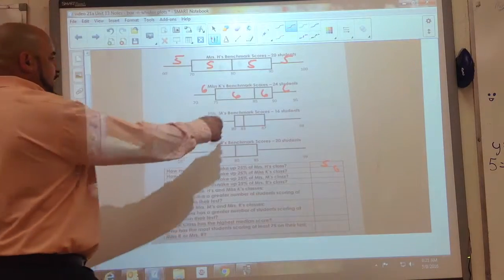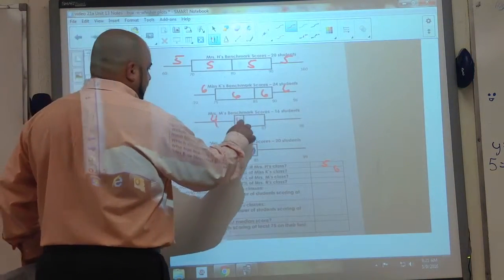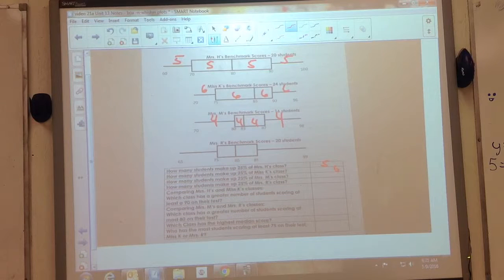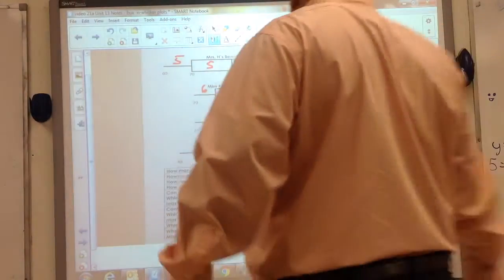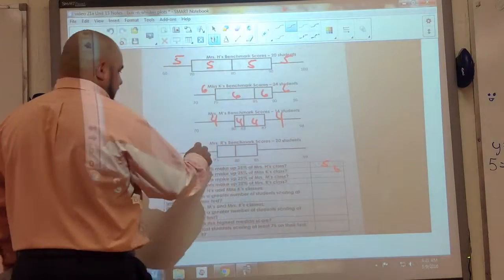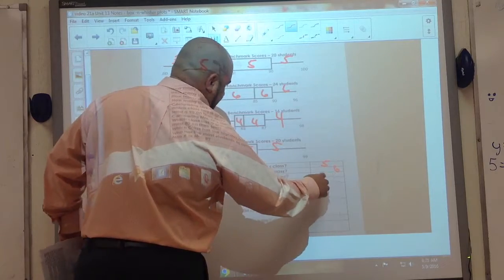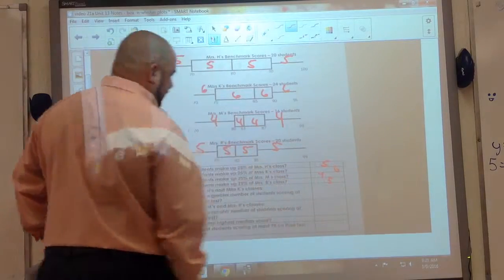You said 4 because you have 16. Yep, so you have 4 in each section. Go ahead and do the fourth one. How many students make up 25% of Mrs. R's class? 5 also? Yep. So you got 5, 6, 4, and 5.